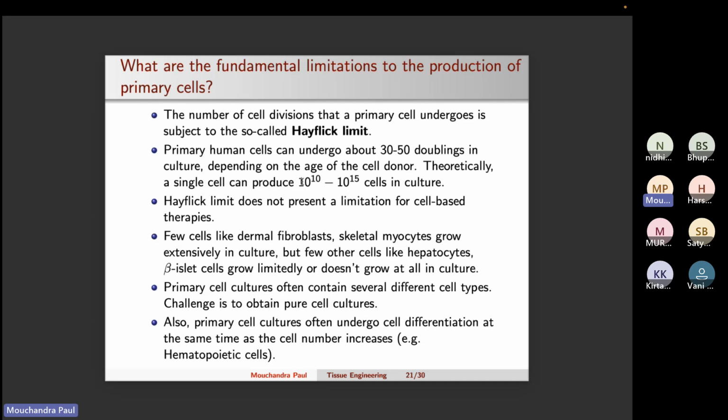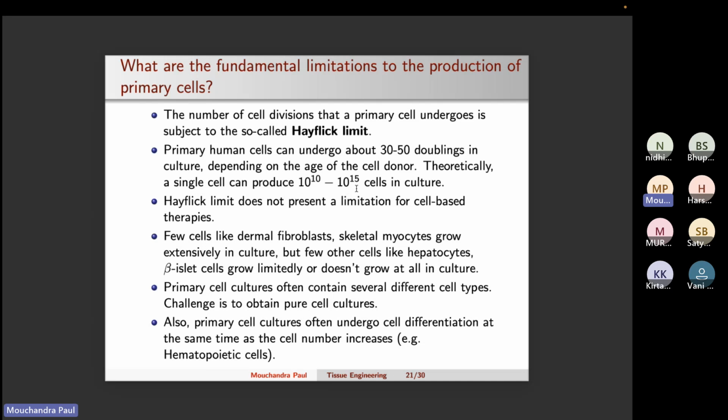Okay, fine. So as you can see, this number of cells, 10 to the power 10 to 10 to the power 15, is more than sufficient for making a tissue engineered medical product. Because what I told is that we need 10 to the power 6 to 10 to the power 9 cells, like million to billion cells, for making a product.